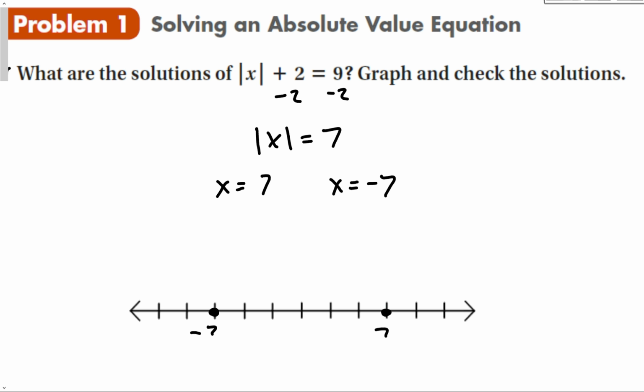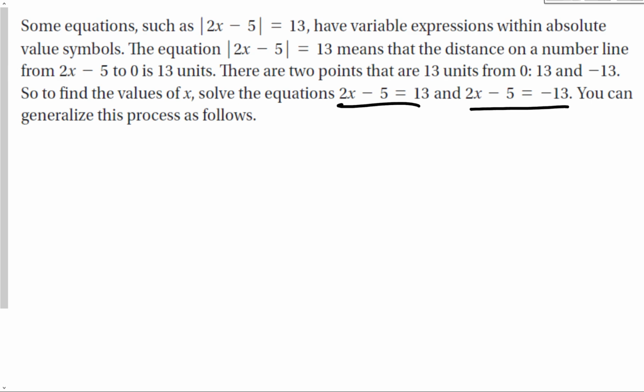Same basic idea with this. The first problem is a little bit easier to see, because clearly there are only two numbers that have an absolute value of 7. But the same thing applies here: if we have the absolute value of 2x minus 5 is equal to 13, there are two different numbers that, if I plug them into this expression, will give me an absolute value equal to 13.